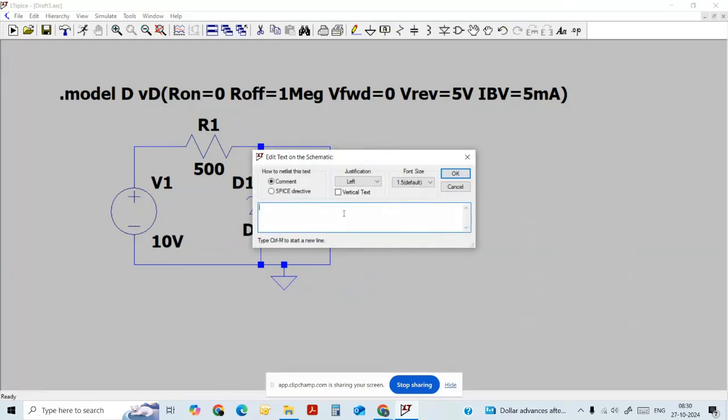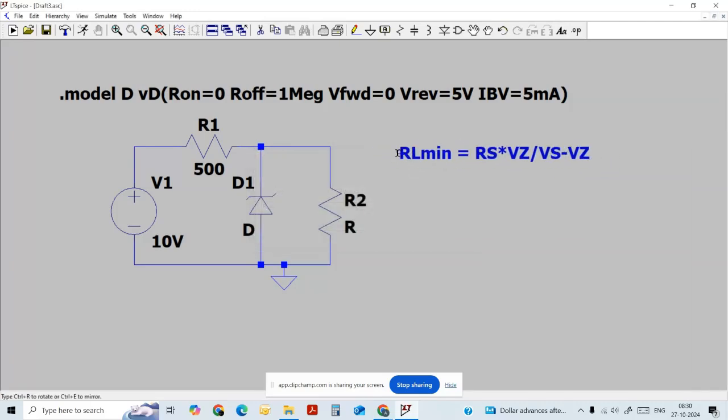We know that for the minimum resistance value, RL minimum is equal to RS into VZ divided by VS minus VZ. Please comment if you need to discuss this formula derivation.